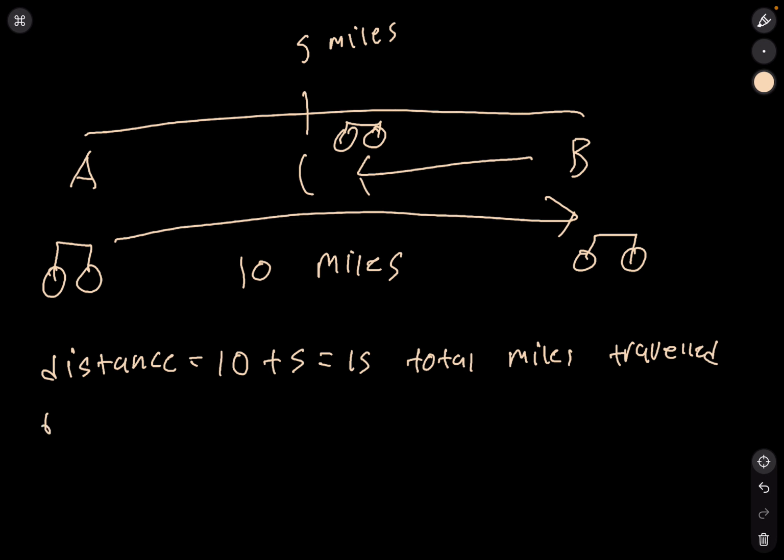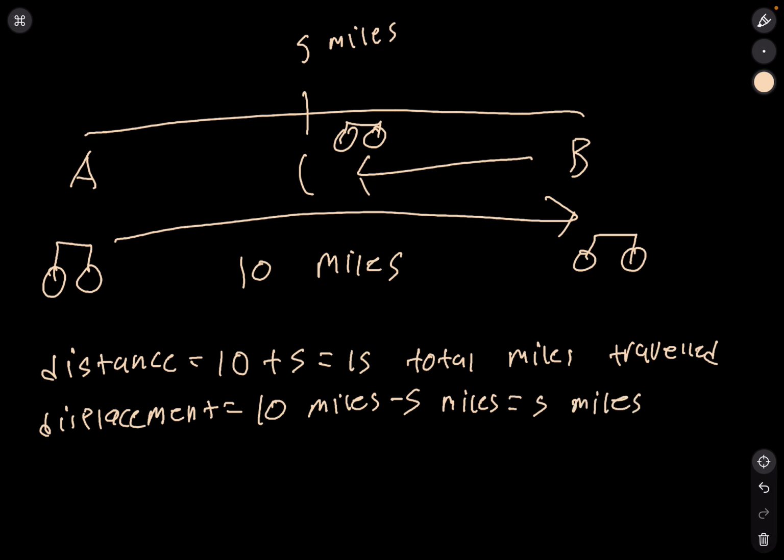However, since displacement is the change, we're going to say that first the change was 10 miles. But then since you're traveling back to point C from point B, you have to subtract 5 miles, because that's how much you're negating the change. So your total displacement is just 5 miles.